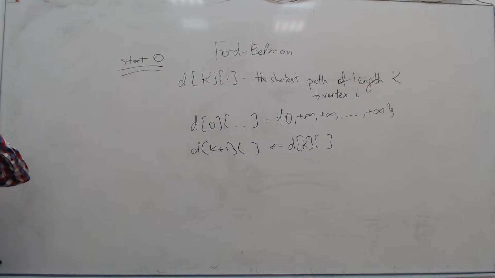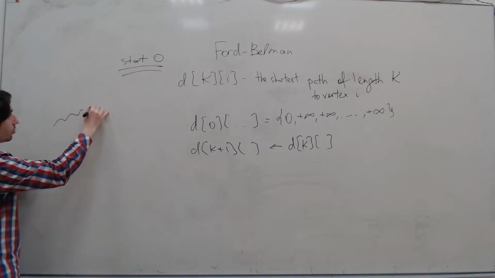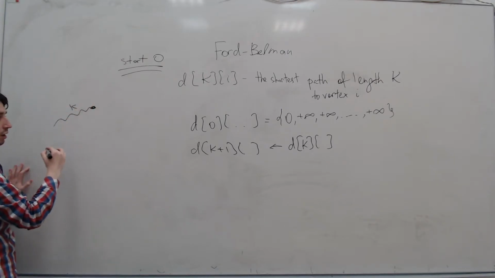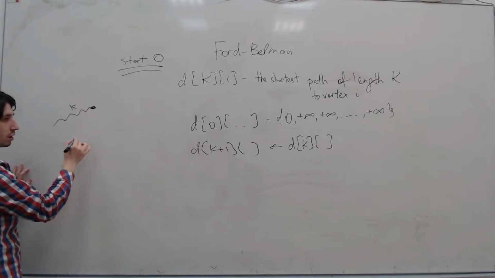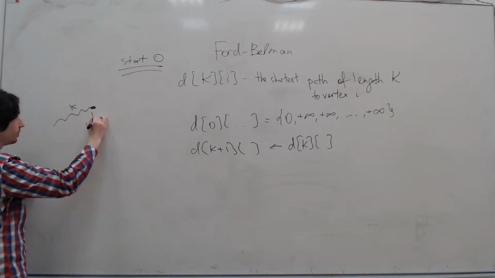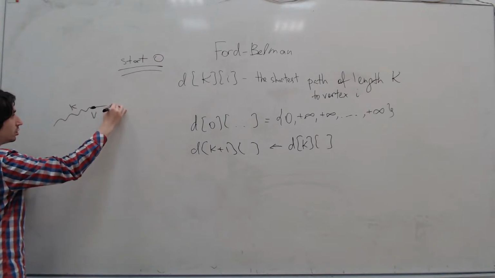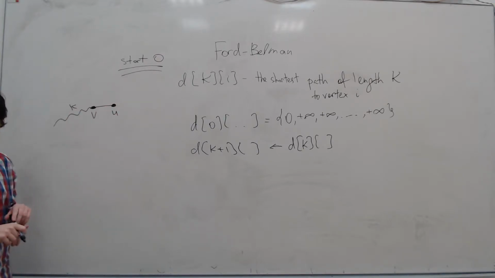Yeah, exactly. So what does your path look like? You get to length k, and you have the vertex, for me it will be v. And then we add the vertex u to that.